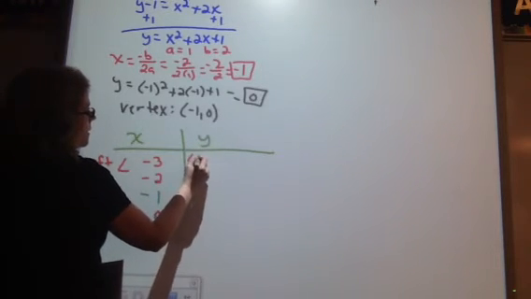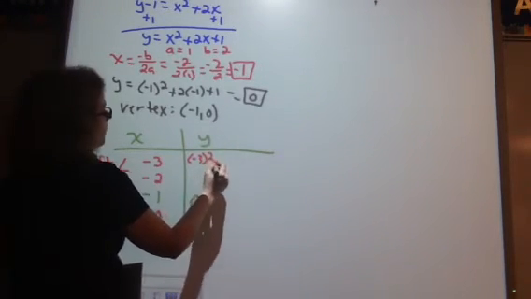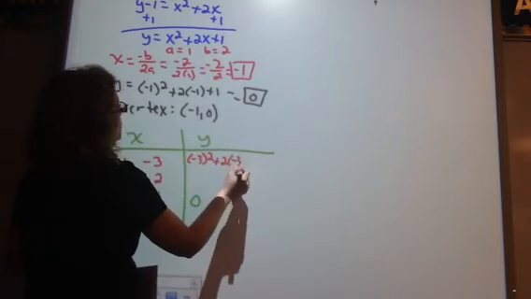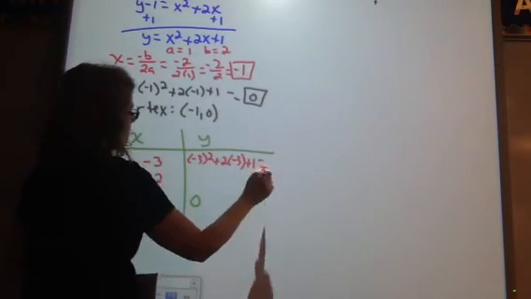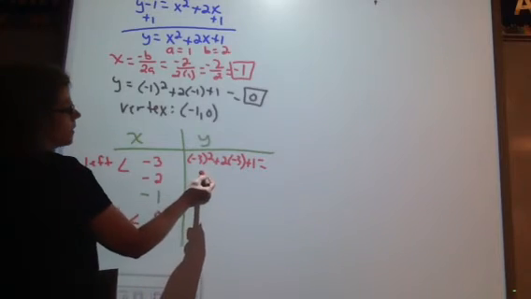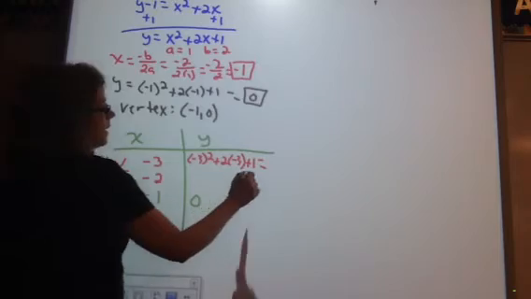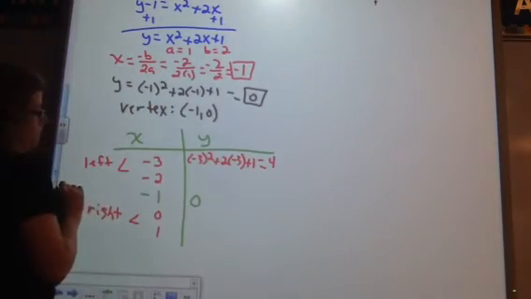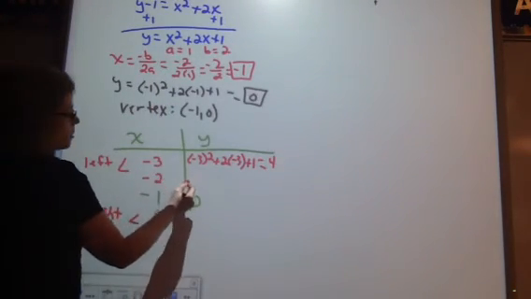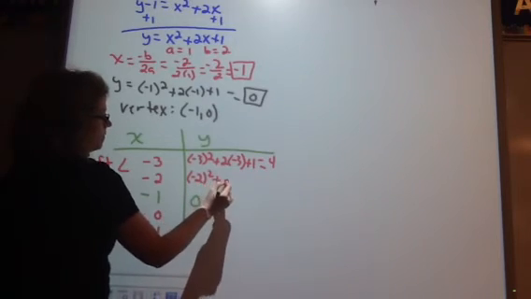So we have -3 squared plus 2 times -3 plus 1. So I have a +9 plus a -6 plus 1, and I get 4. So now I have 2 points. Now let's substitute -2 in for x.